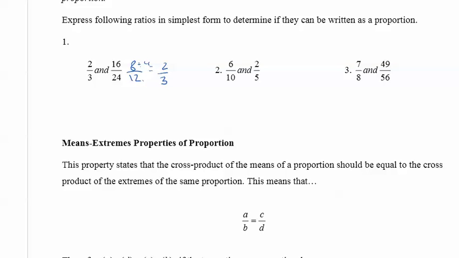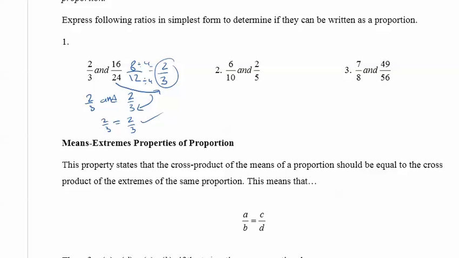Divide by 4, divide by 4. That's what gets to 2/3. So this is saying 2/3 and 2/3. 2/3 does equal 2/3, so you can write it like a proportion, and it is in fact a proportion.